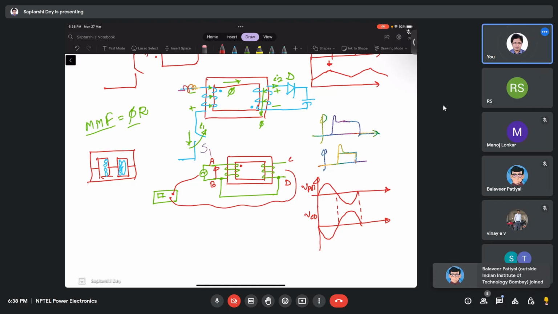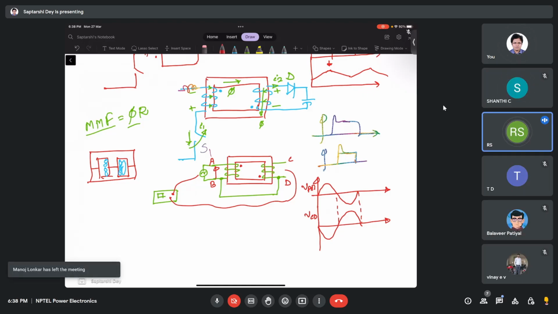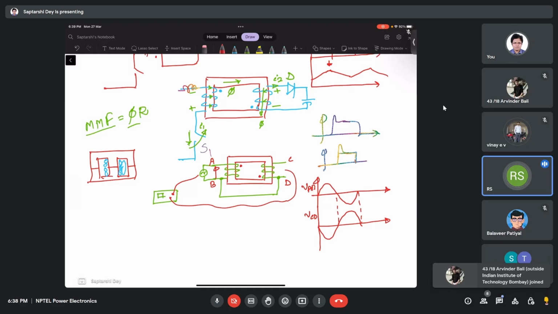You shorted B and D, C is on negative polarity, so the dot will be here. So it is basically the same, a different way of saying the same thing.